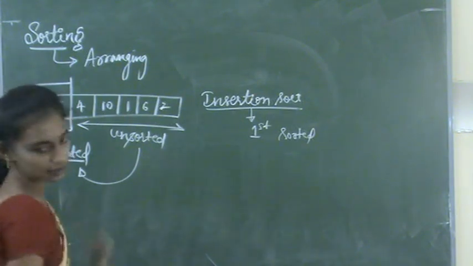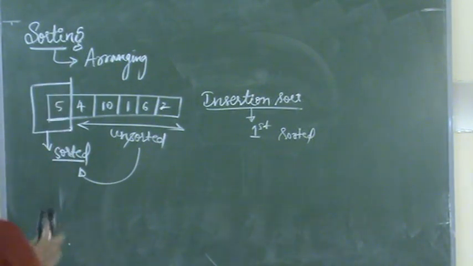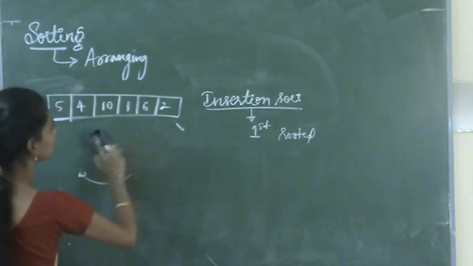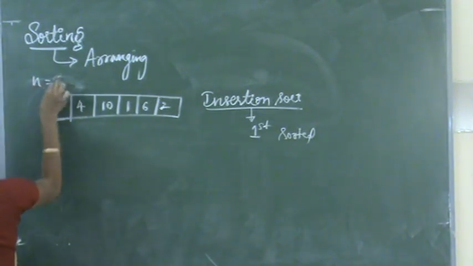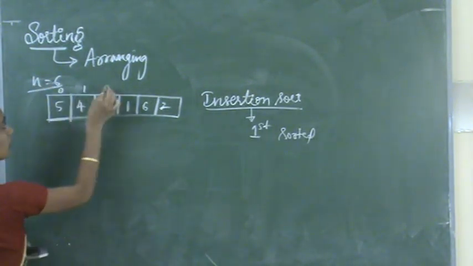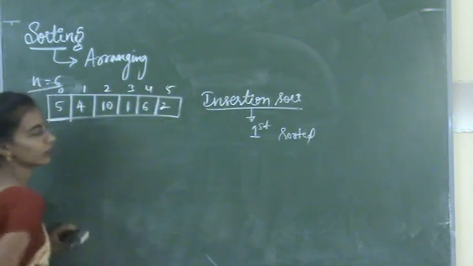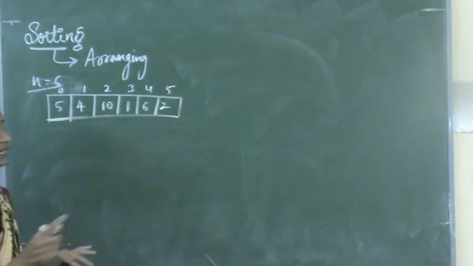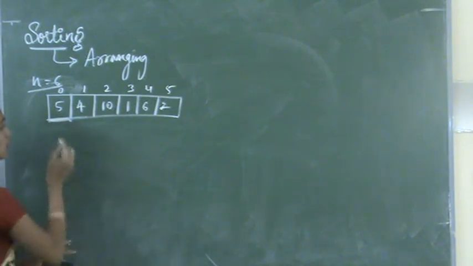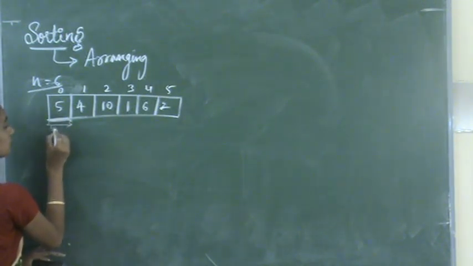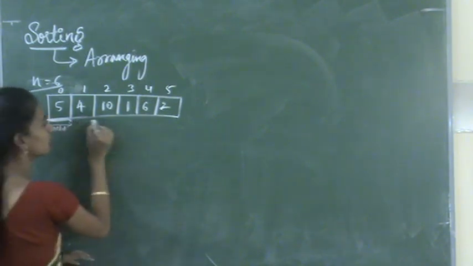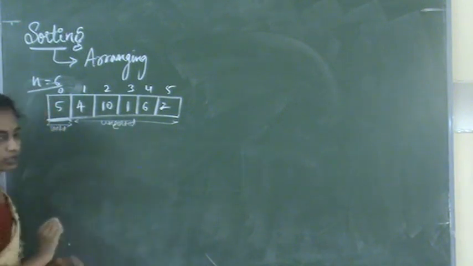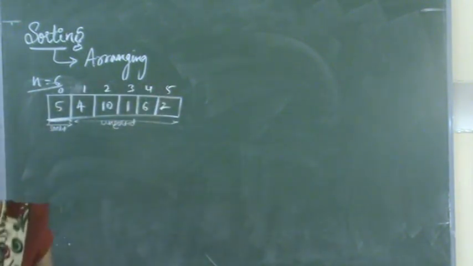Suppose consider this example. Here how many elements are there? We have 6 elements, so n becomes 6, and the index is 0, 1, 2, 3, 4, 5. I already told you the first element is considered sorted, so this becomes the sorted array and this is the unsorted array.